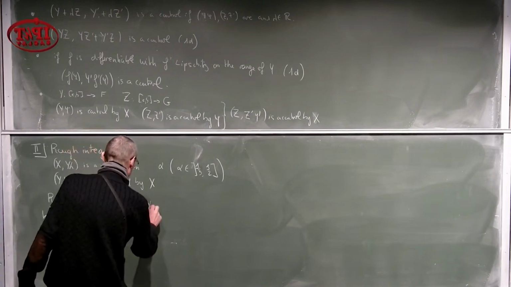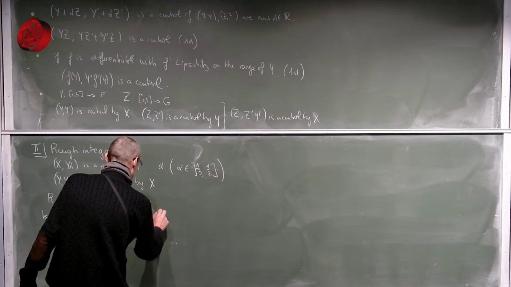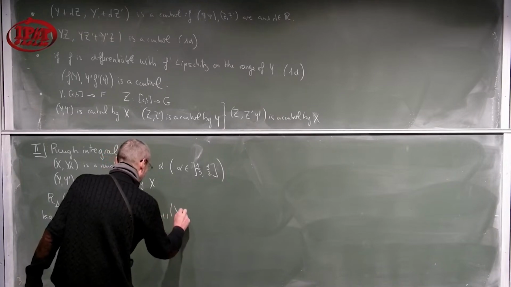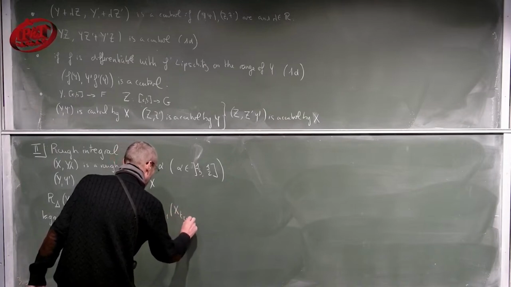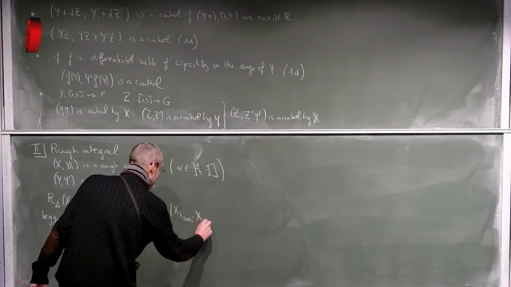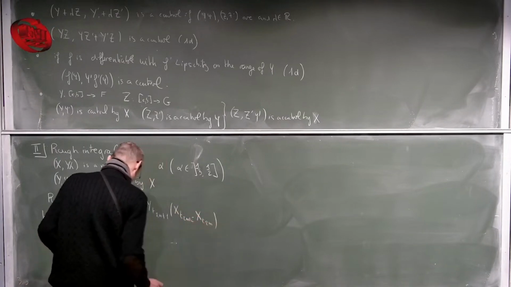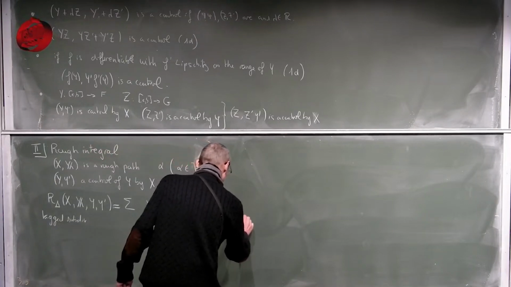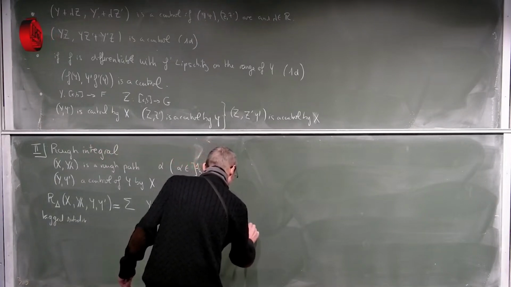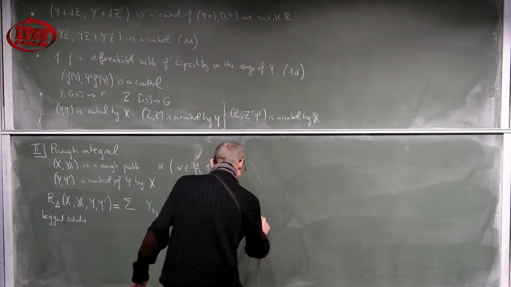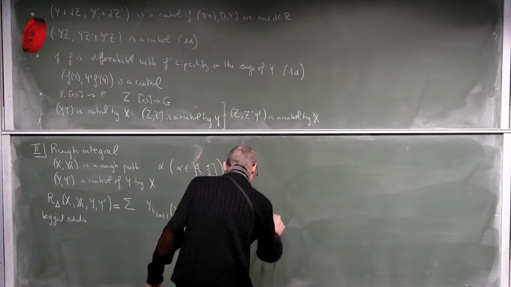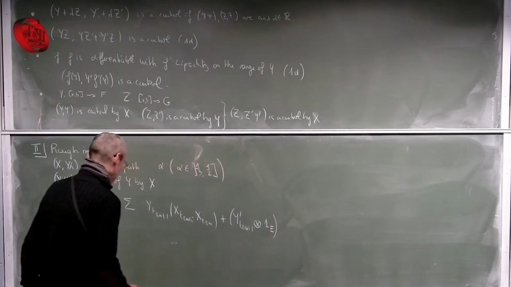So this is going to be y_{t_{2m+1}} (x_{t_{2m+2}} minus x_{t_{2m}}) plus y prime_{t_{2m+1}} tensor the identity on E. We shall see why this is the way we should let it act.